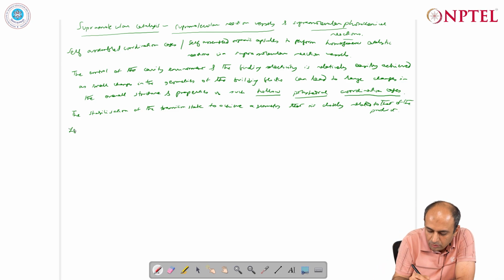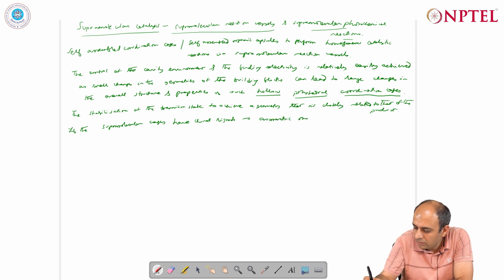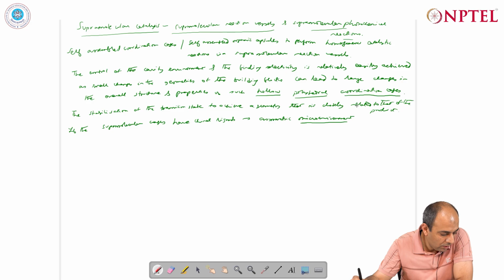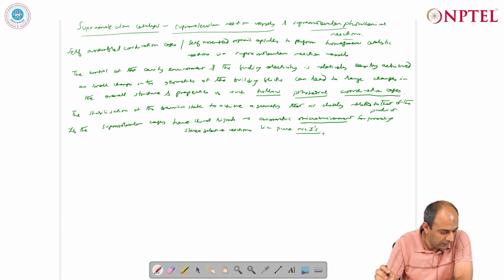So, if the supramolecular cages have chiral ligands, then this gives an asymmetric microenvironment for promoting stereoselective reactions via pure non-covalent interactions, NCIs.